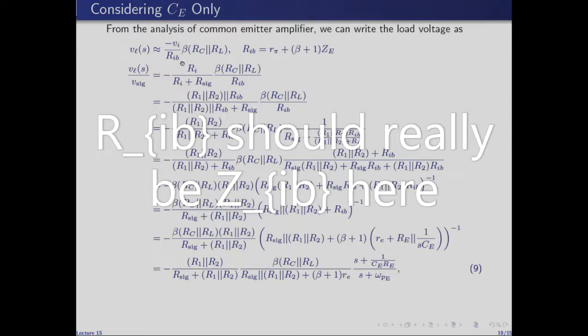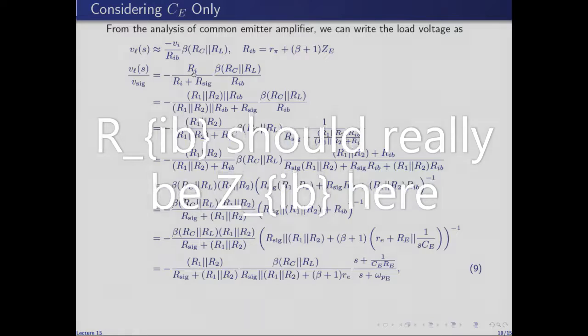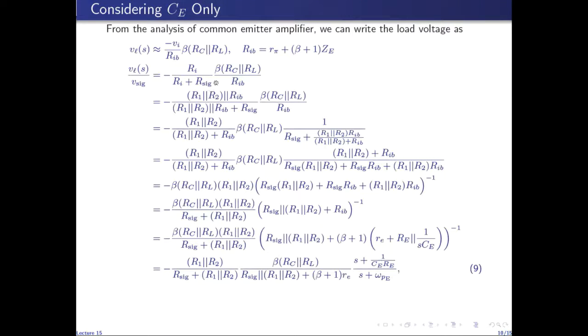And then Vi is simply given by the loading factor Ri over Ri plus R sig times V sig. So we take V sig to the other side, and the ratio of VL to V sig is given by this expression.